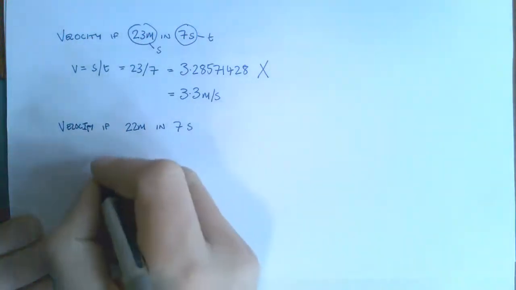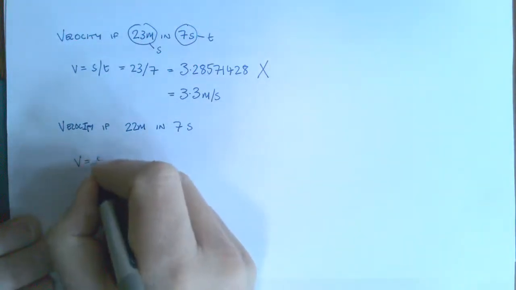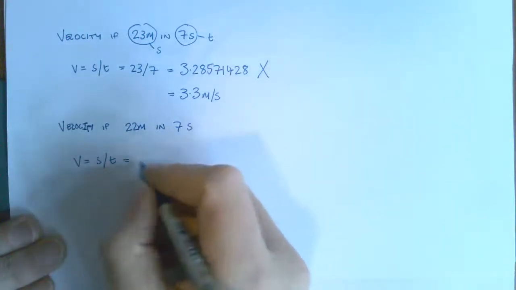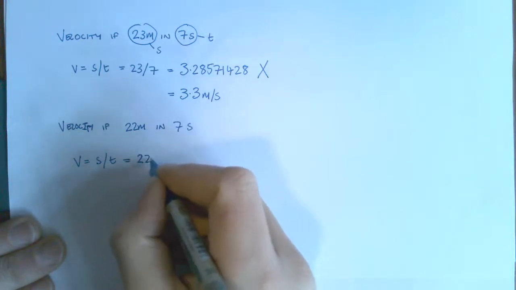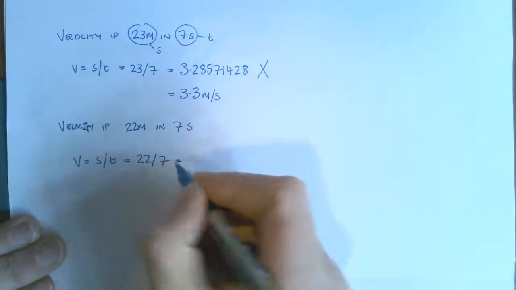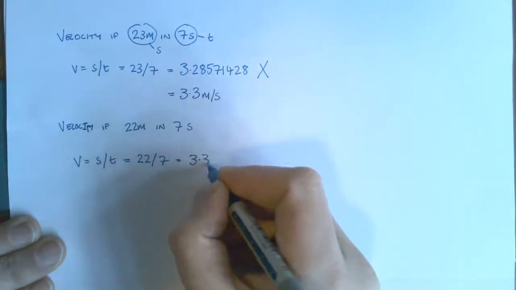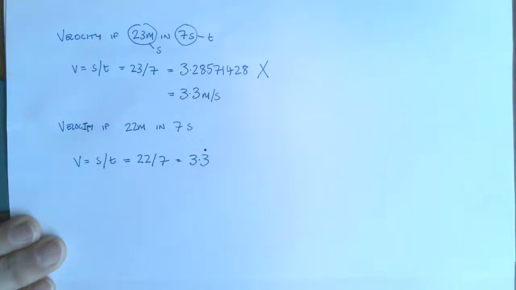Now if you work that one out, you would get v equals s over t, displacement over time, equals 22 over 7 equals, and my calculator says 3.3 with a dot over it.